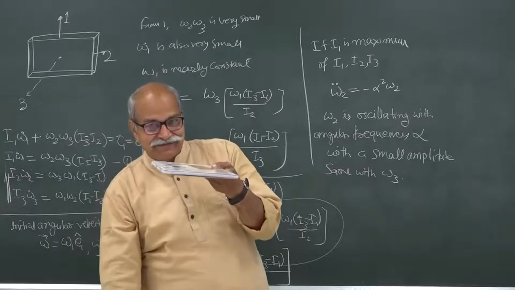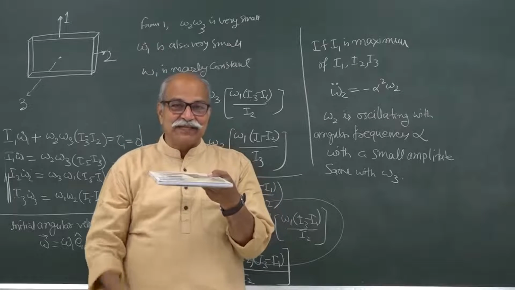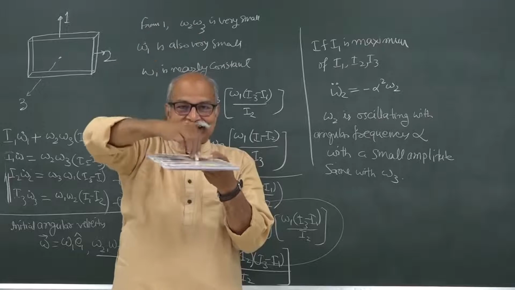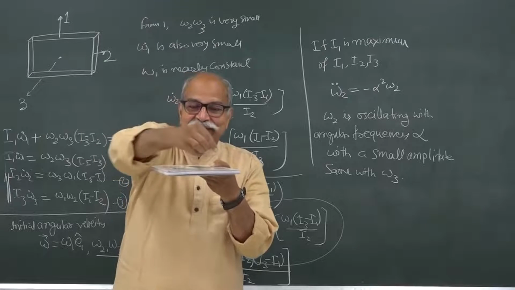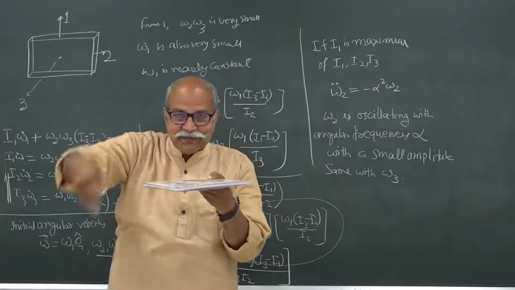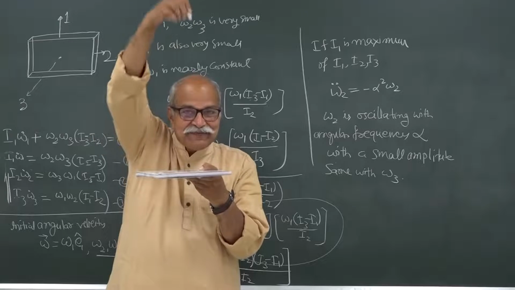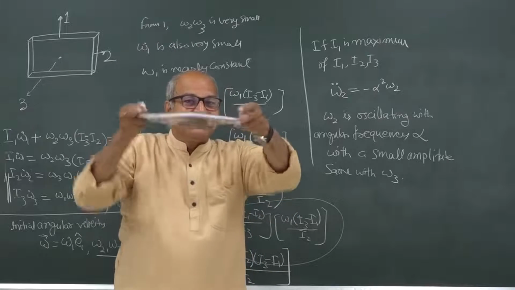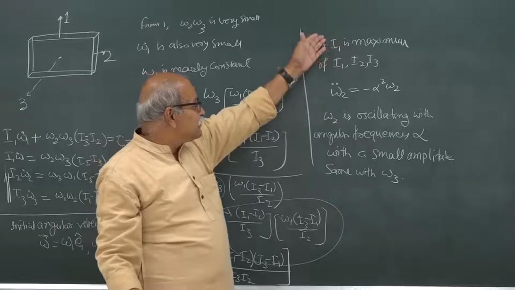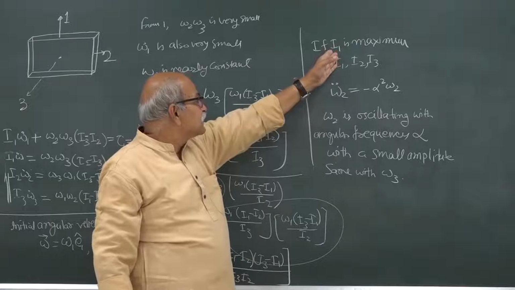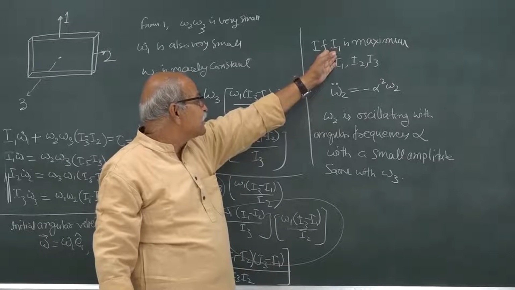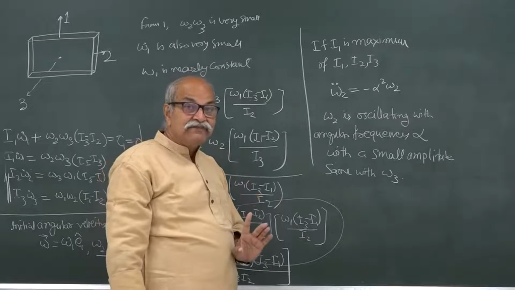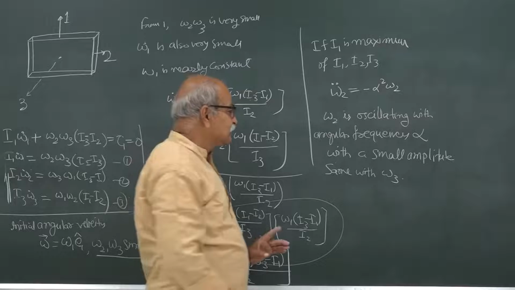If I 1 is maximum, in fact, if I take this as the axis, the moment of inertia will be maximum as compared to this axis and this axis, because by the perpendicular axis theorem, this will be the sum of this and this. So, if I am giving it this rotation, I am satisfying this condition, I 1 is maximum. What if I 1 is minimum?